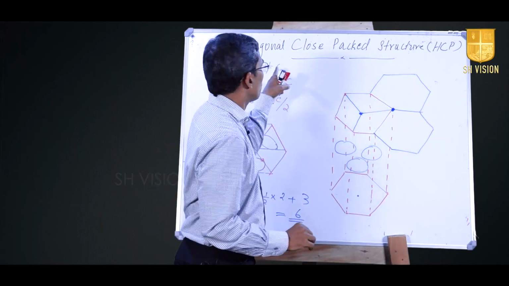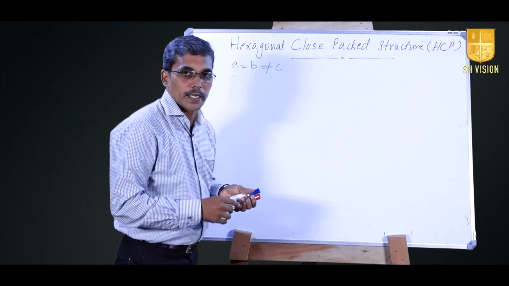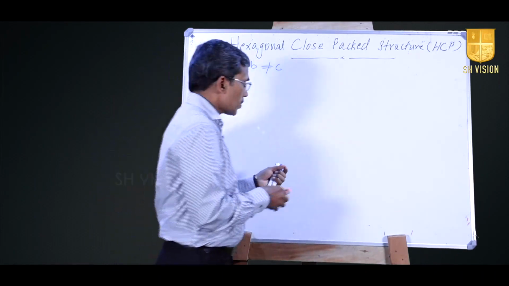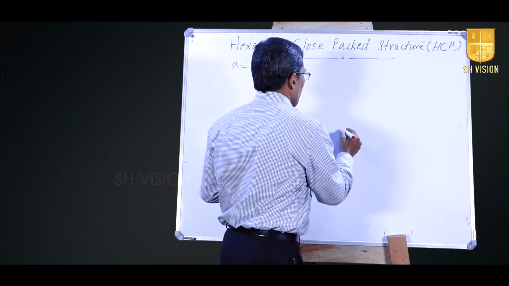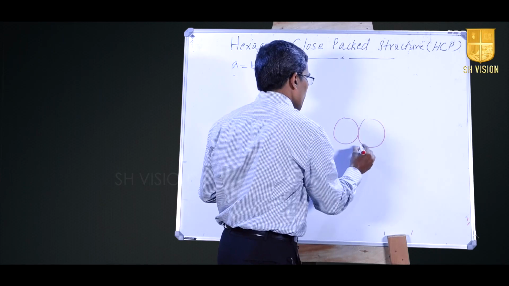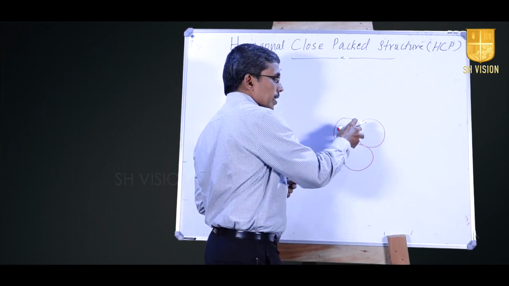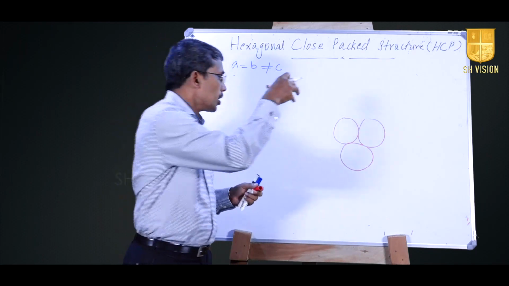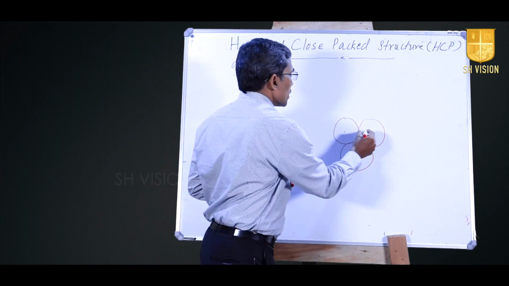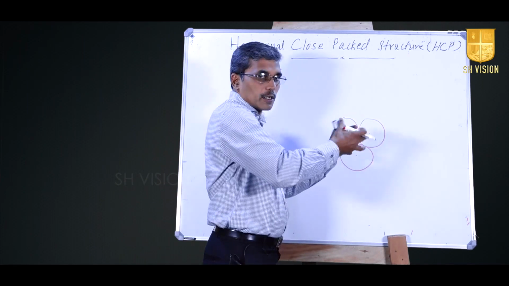We cannot take any value for C. If we take the A layer and B layer, there will be 3 atoms in contact at the bottom layer, over which an atom from the second layer will come on this triangular void. So if we take these 3 atoms and the fourth one, all these 4 are in contact.